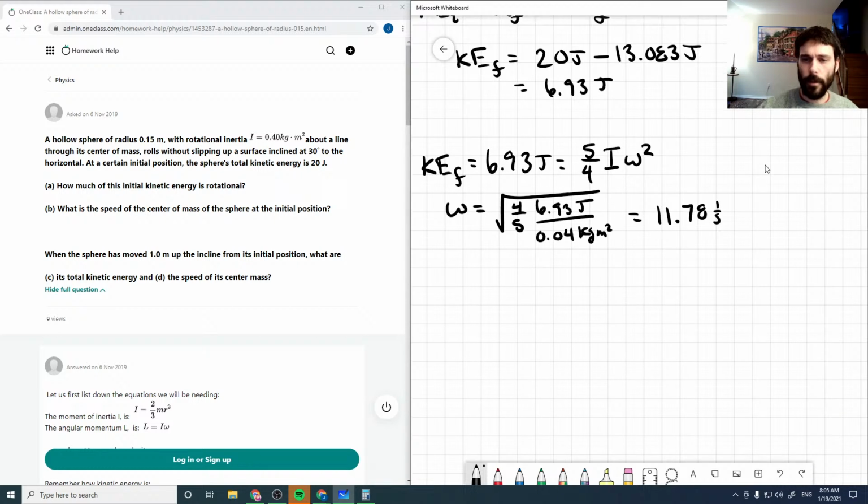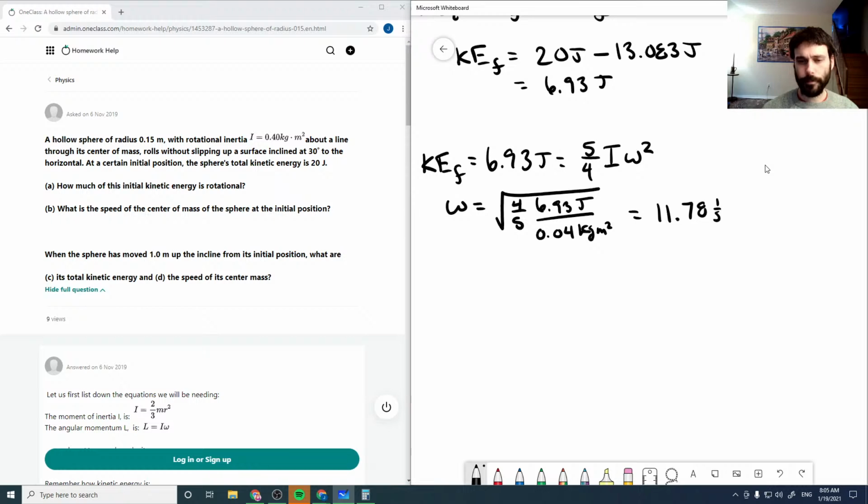And then we can get our tangential velocity, which is also our center of mass velocity, as omega r, which is 11.78 per second times our radius, which is 1.766 meters per second.